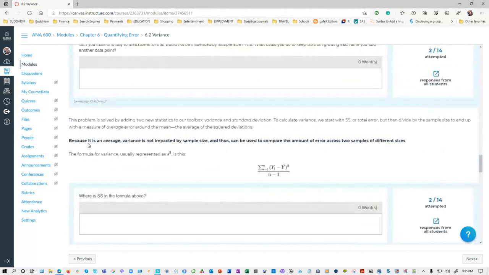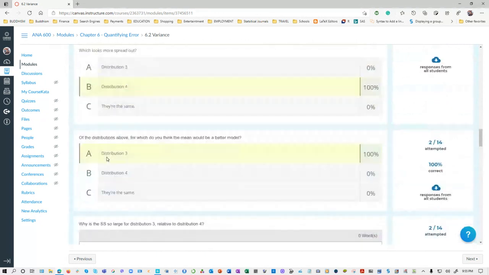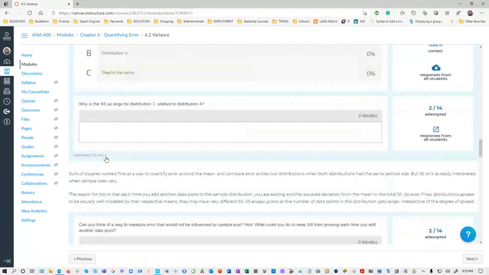So that's why, because it's an average, variance is not impacted by the sample size and thus can be used to compare the amount of error across two samples of different sizes. The variance, see, here I'm going to go through this one in a little bit more detail.